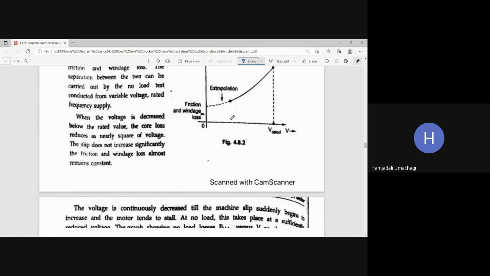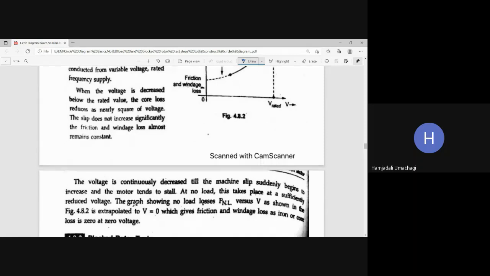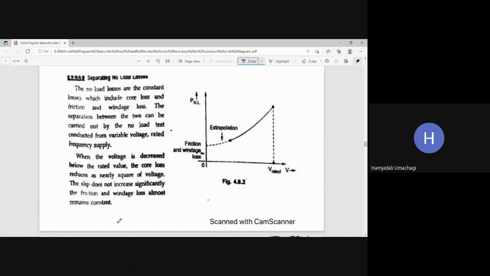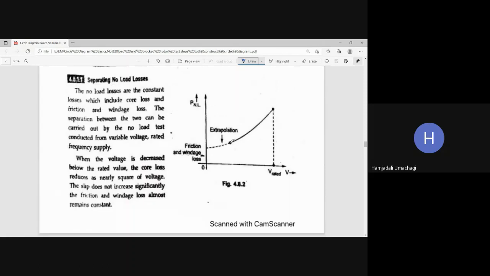Okay, now the curve from figure 4.8.2 is extrapolated to voltage V equal to 0, which gives the friction and windage loss, as the iron or core loss is 0 at 0 voltage. So once you get the resting condition point, that is this voltage point, further you should take the extrapolation from this point such that it reaches the 0 voltage point.